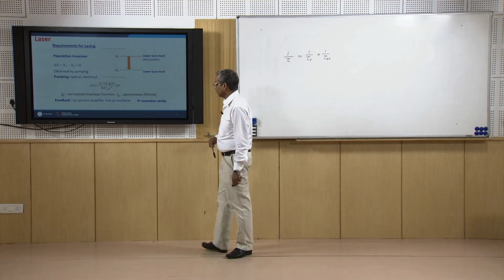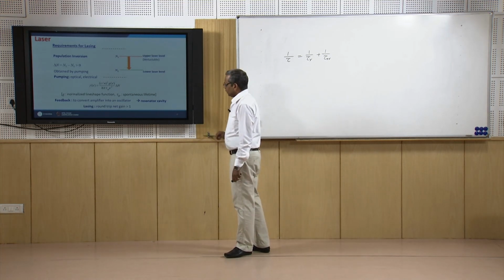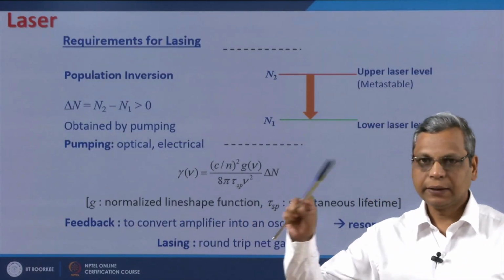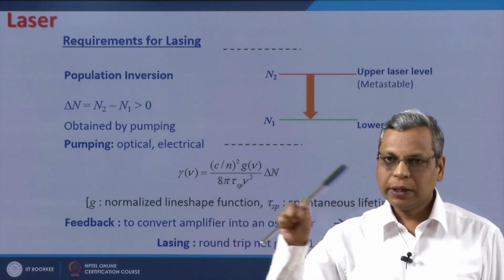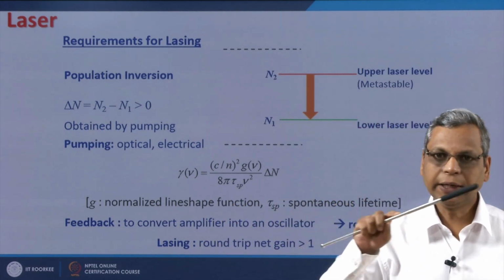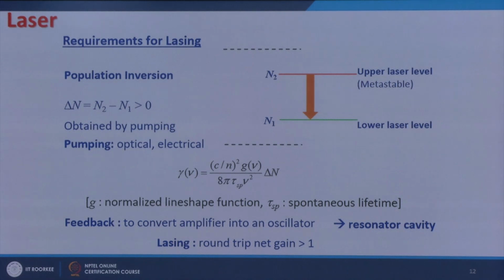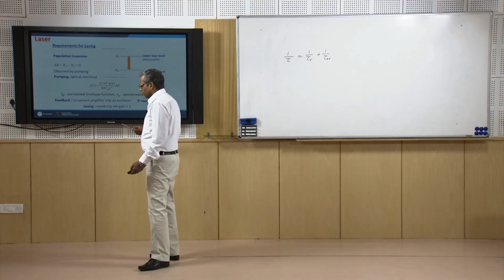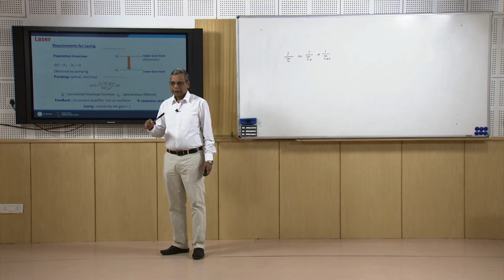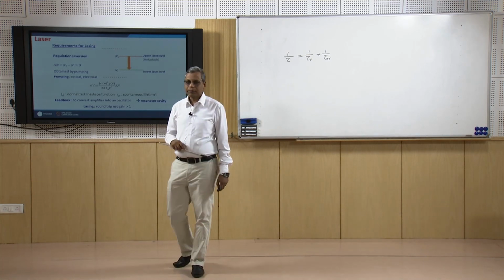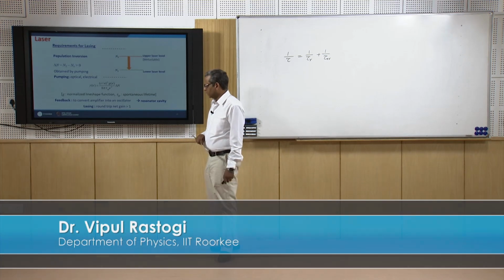Then lasing starts when the round trip gain, since light is going back and forth between the two mirrors, is such that the net gain in one round trip is greater than 1. What do I mean by net gain? There is gain and also losses. This gain should be able to compensate for losses to have oscillations or lasing.